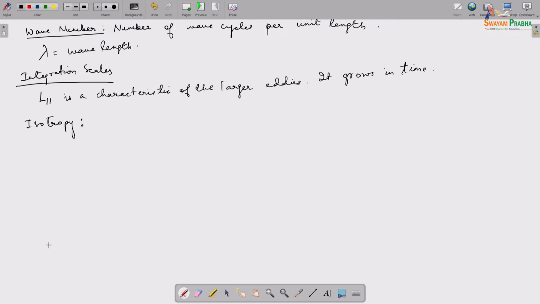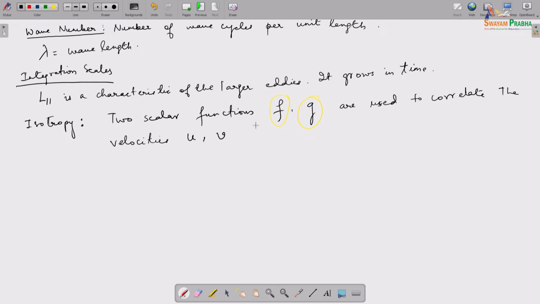Now, due to isotropy, we basically use two scalar functions, f and g, to correlate the velocities u and v at two different locations.